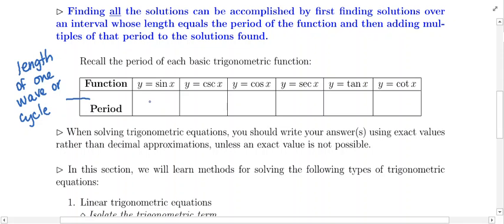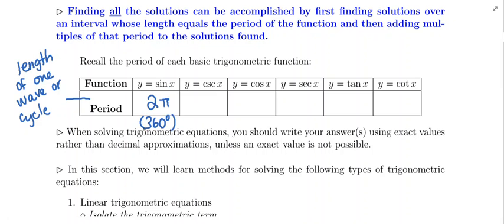The sine function has a period of 2 pi radians. I'm going to list these in terms of radian measure, but you could do the same thing for degrees. I'll put the degrees down here. Okay, so for sine, the period is 2 pi radians or 360 degrees.